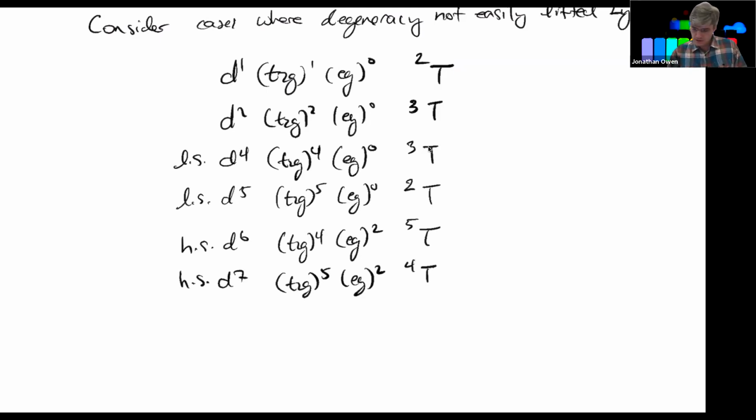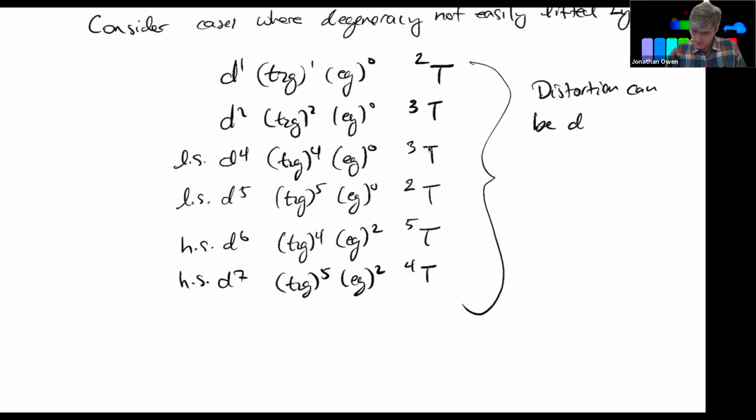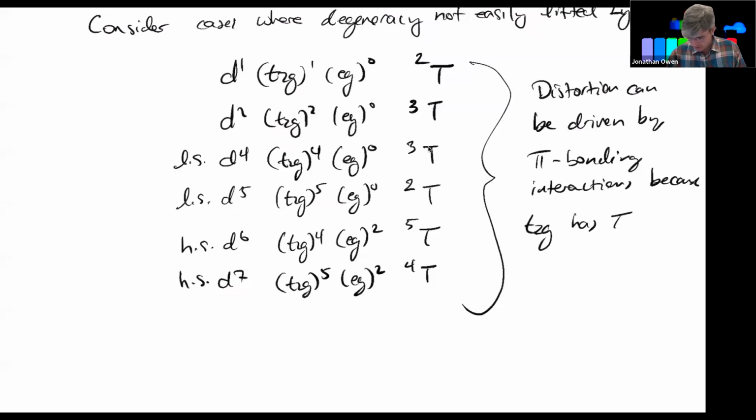In these cases, distortion can be driven by pi bonding, because t2g has pi symmetry. t2g is the xz, yz, and xy orbitals.